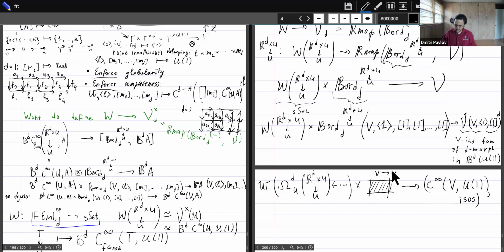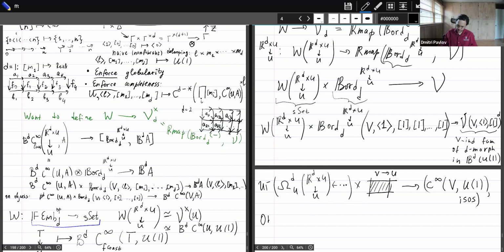Let me explain what happens on objects. Objects in this simplicial set will be its vertices, and vertices will be just elements in chain degree 0, which is precisely fiber-wise D forms.